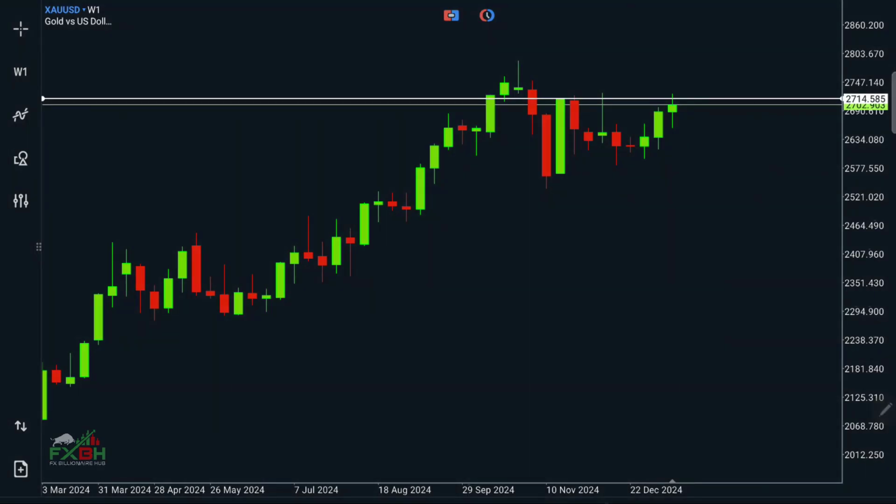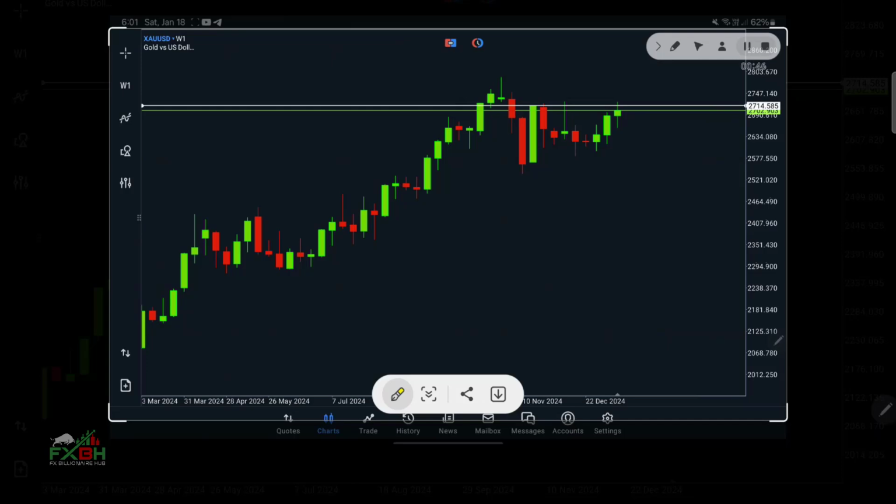Firstly we need to analyze the market on the longer time frame, then we will go to a smaller time frame. If we draw a trend line, as you can see there, it breaks over here with this candle, and it also gives us a pullback.